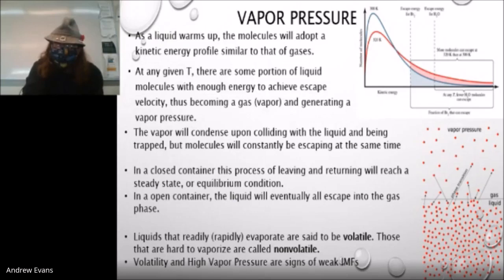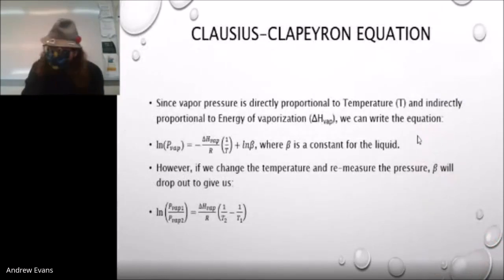So here's where we get our first major math of the chapter, probably the only major math of this chapter: the Clausius-Clapeyron equation. This equation setup is similar to one we'll see later.